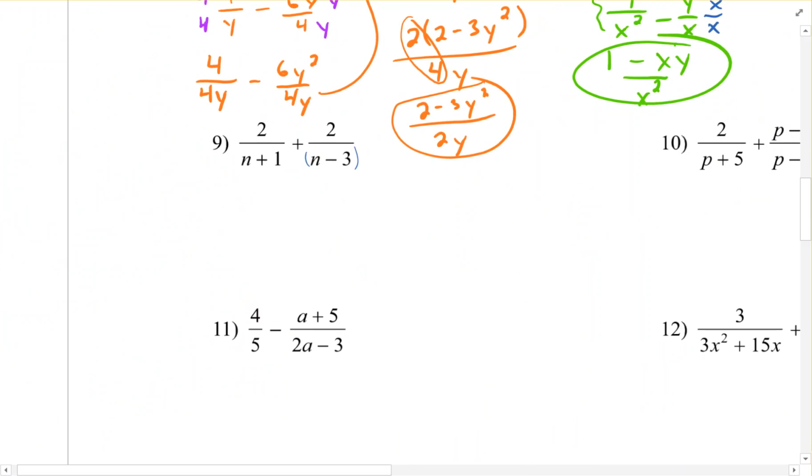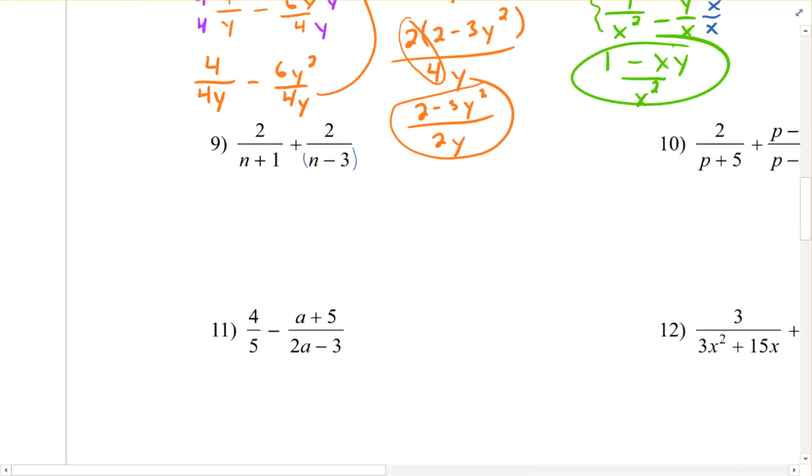Okay, 9. What we're going to have to do is make the common denominator n plus 1 times n minus 3. I'm going to do it here to save room. Think about those as being in brackets. I'm going to multiply the left one, both sides, by n minus 3, and the top also by n minus 3, because you have to.